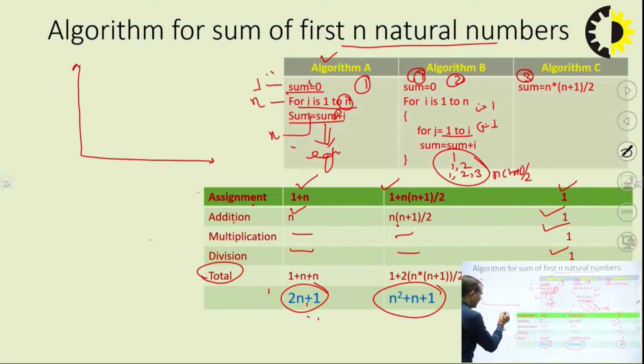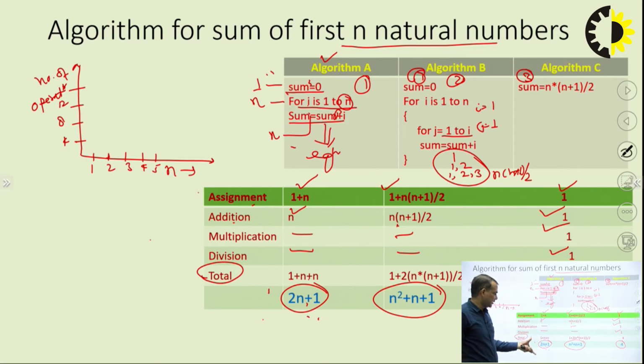Now here, if I take n on this side and the number of operators on this side. Okay. Suppose this is 1, 2, 3, 4, 5 and so on, and this is 4, 8, 12, 16 and so on. Now for algorithm A, firstly what do we do? First we put n equal to 0. Clear? For n equal to 0, the number of operators is 1.